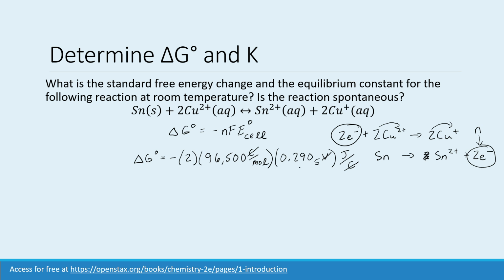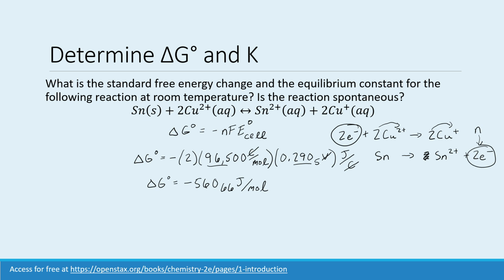And number of significant figures, of course, we've got 3 significant figures here and 3 significant figures here as well. So we should have 3 sig figs in our answer. And delta G standard, we get negative 56,066 joules per mole.